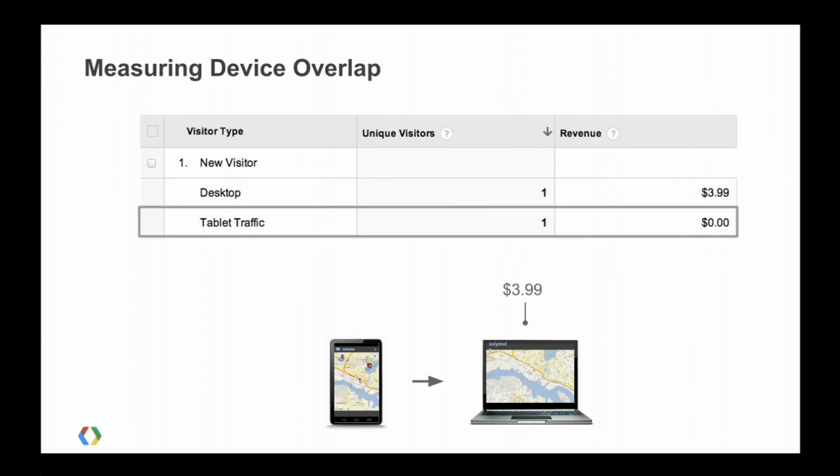And if somebody asks you, what's the value of tablet here in this interaction? You look at this report, and it's really hard to figure out what the value was. You would be totally reasonable in saying, tablet really doesn't have much value here. We should get more desktop users, right? Because that guy spent $3.99. It's actually the same person, but we can't tell that. So you're missing a little bit of the picture there.